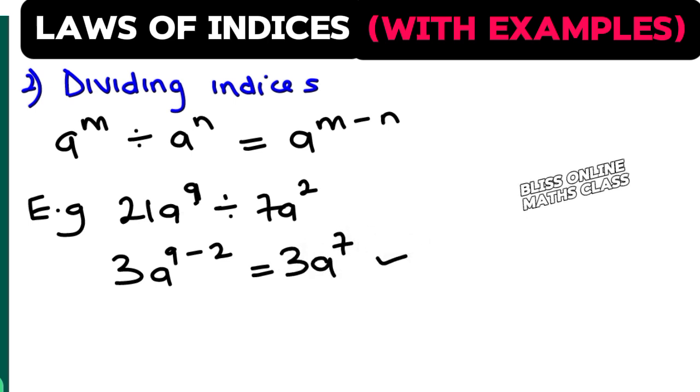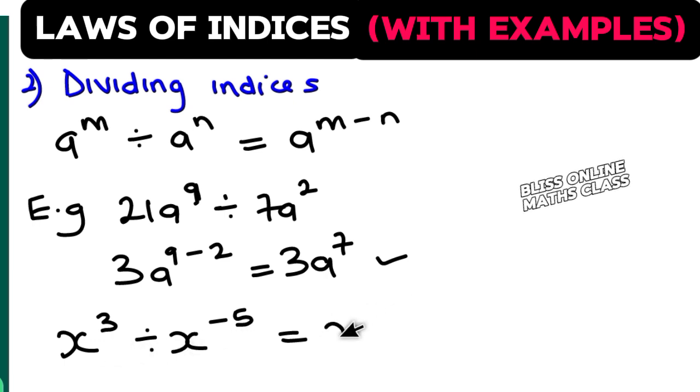And that's our answer. Another example we have here is x raised to power 3 divided by x raised to power minus 5. Here we have the same base, which is x. So this is x raised to power 3 minus 5.